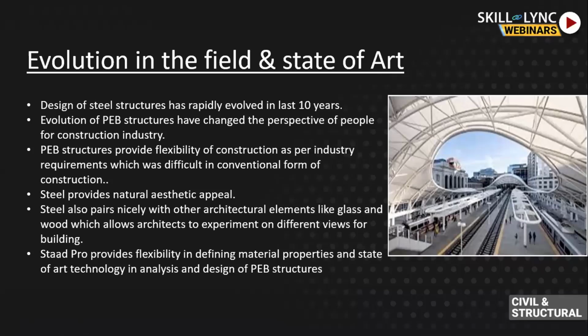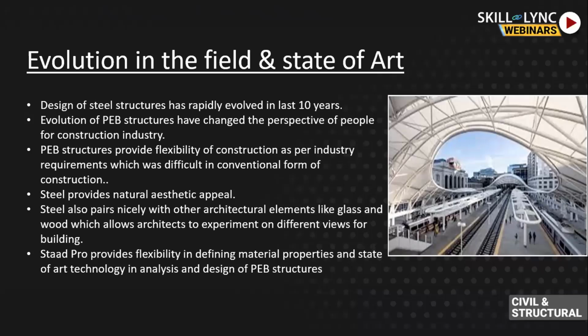If you look back at your village construction, there will be an RC kind of brick walls, and over that a roof, and it's very traditional. And now the evolution of these steel structures has changed a lot of perspective in the market. It has rapidly changed.